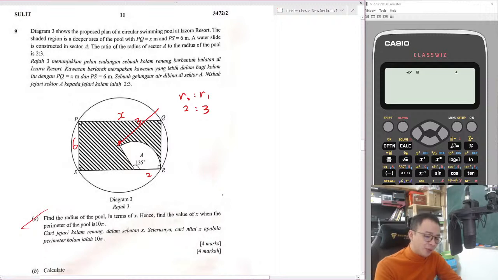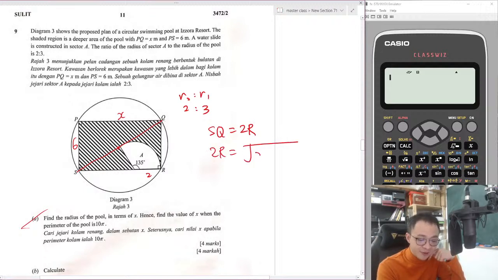Alright, so what we want to do right now is find the hypotenuse here, right? This hypotenuse will be the diameter of the circle, which is double the radius. So SQ is equal to 2r, isn't it? 2r is equal to the square root of x squared plus 6 squared. It's the Pythagoras formula, x squared plus 36.